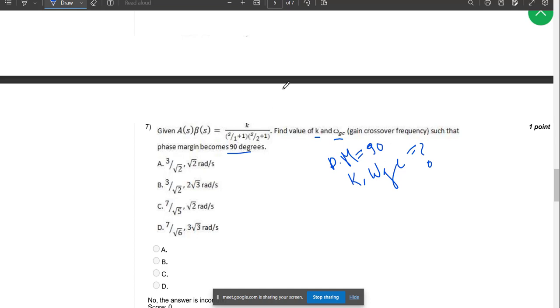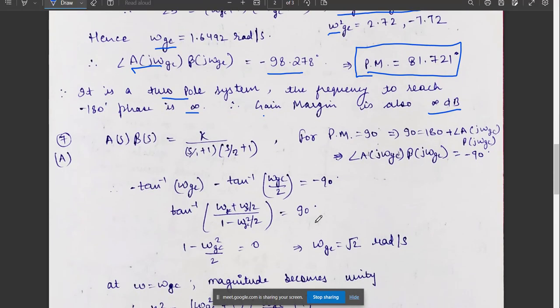Okay, so let's try to solve this question, question number 7. A(s)B(s) is given as K upon s into (s by 1 plus 1) into (s by 2 plus 1). So for the phase margin to become 90, we'll put 90 as the phase margin.